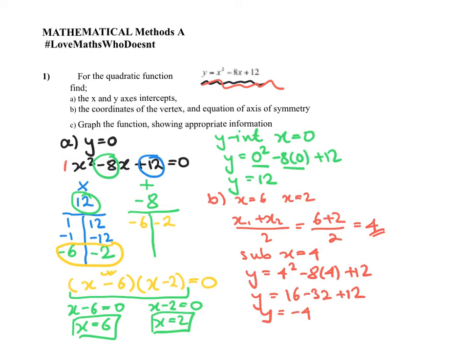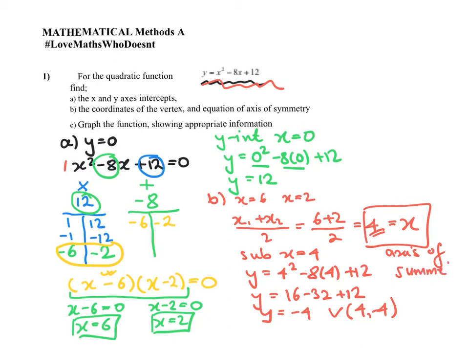Now we have the coordinates of the vertex: V(4, -4), and the axis of symmetry is x equals 4. So this is the axis of symmetry.